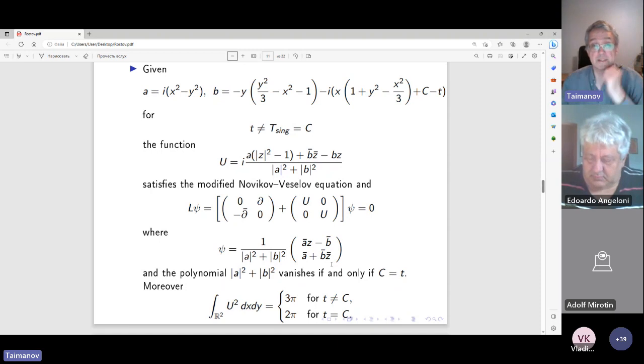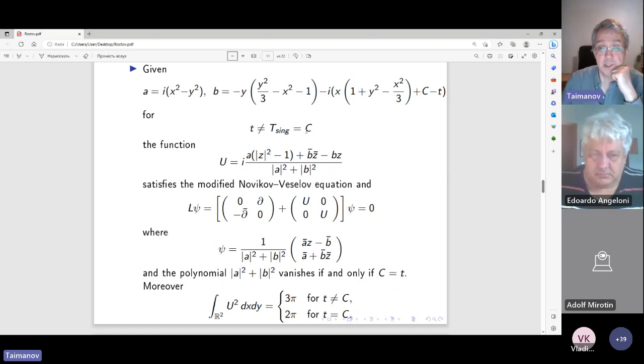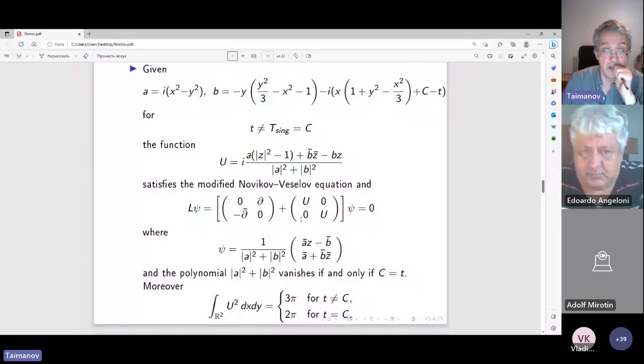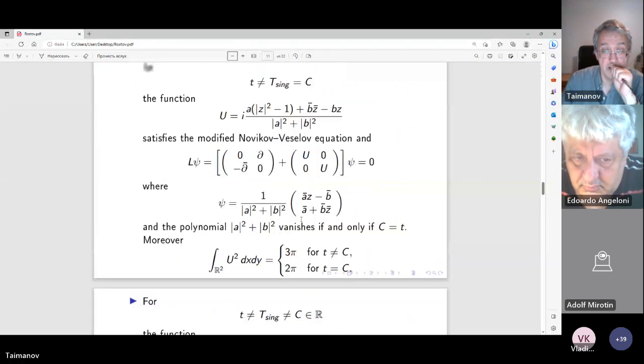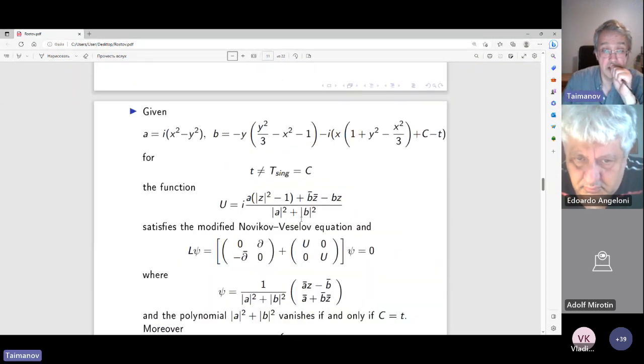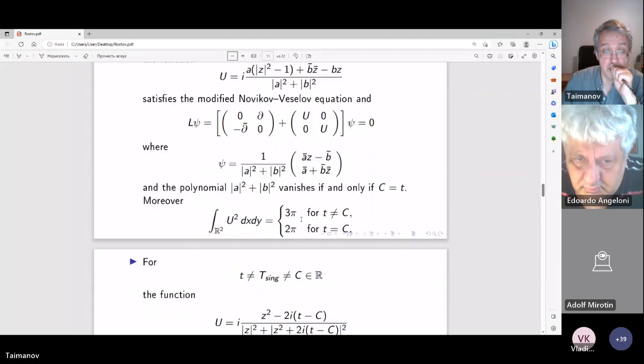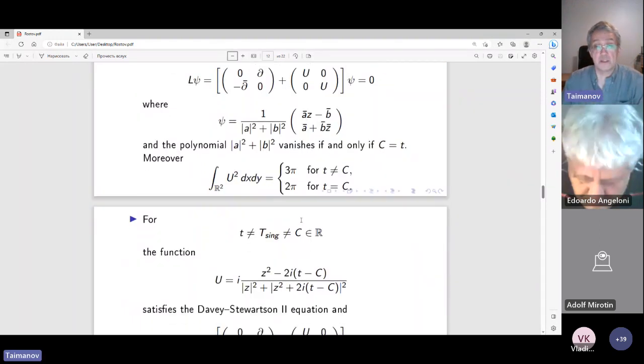But as soon as t equals c, a and b, these functions, these equations get singularity, become singular. But here there is one interesting point.